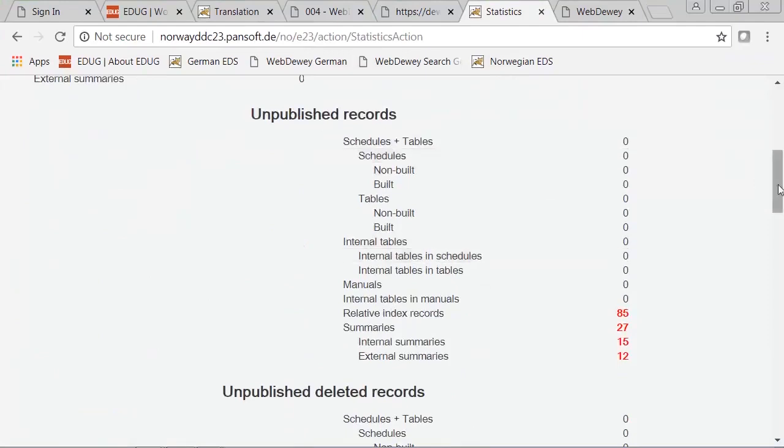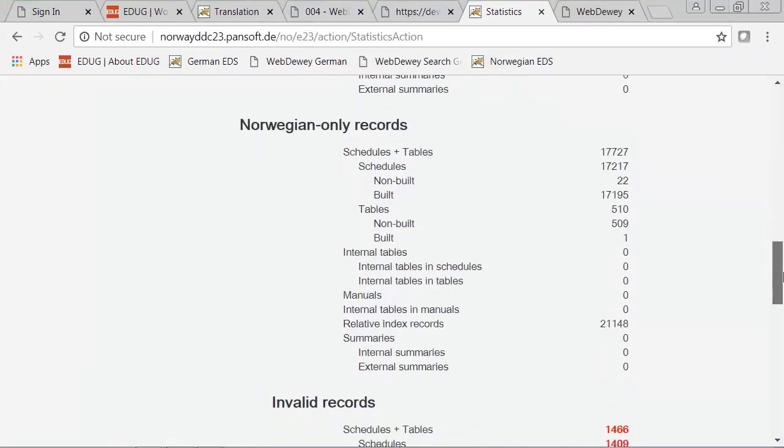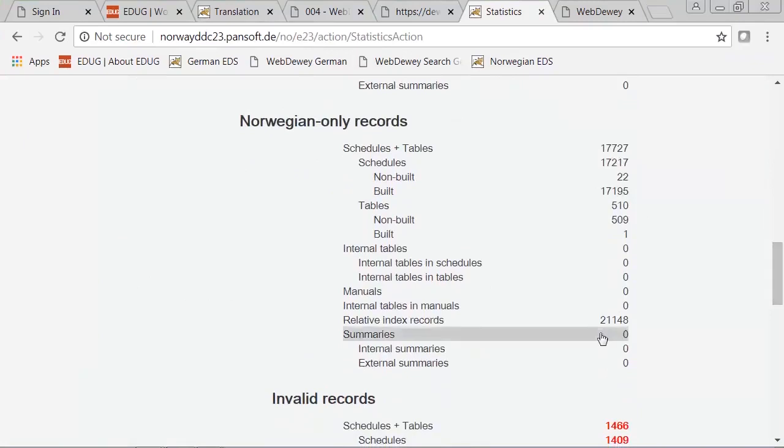Yeah, perfect. And what we already noticed is that there are a lot of additional build numbers. In that use case, you have 17,000 build numbers, which exist only on the Norwegian side.